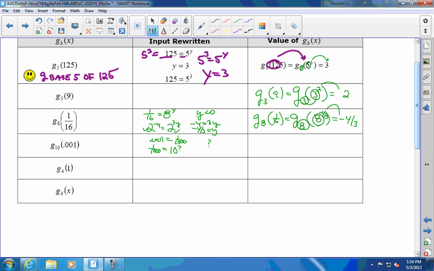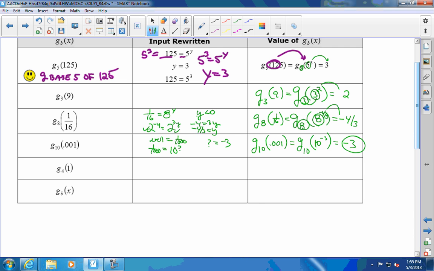Negative 3. So g base 10 of 0.001 can be written as g base 10, same base now, 10, but the power can't be a positive number because I would get big numbers. It's got to be a fraction. It's got to be negative. And since it's 1/1,000, it's negative 3.